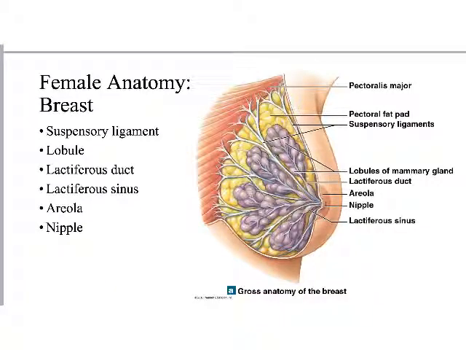Okay, lastly, just for completeness' sake, we'll look at the breast real quick. External-wise, you see the nipple is the very tip, and the areola is that darker colored tissue that surrounds the nipple. And that area is where milk is ejected from the breast. So the breast functions primarily to produce milk for the infant, and so it is full of lobules, mammary glands. Mammary just means milk, right?